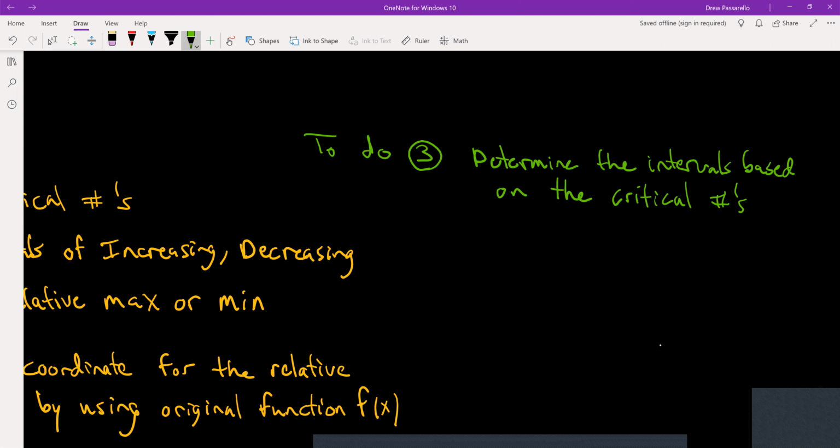All right, then you pick a test value from each interval. And then you plug each test value into the derivative.